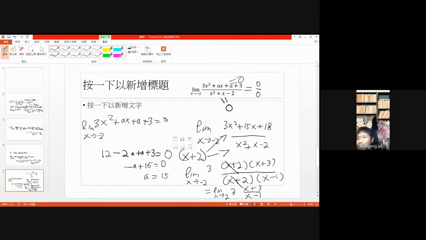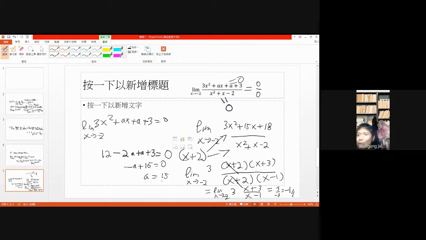So we have the answer will be, x approaching minus 2, minus 3 above is 1. So 3 over minus 3, minus 1. So yeah, I think it's not hard, but what I want to show you is it's not enough that you get the answer A equals to 15.